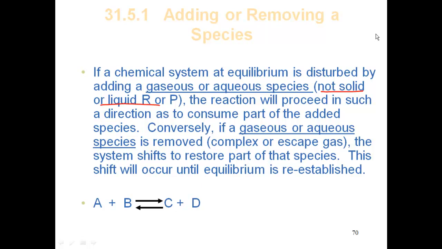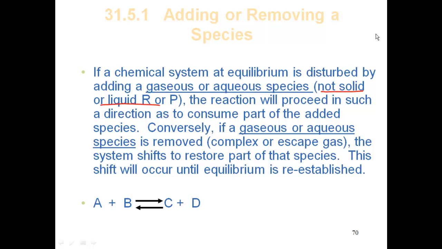So if we add a species, it's going to shift in the direction to consume that added species. Conversely, if a gaseous or aqueous species is removed, meaning taken away by complexing it or it escapes as a gas, the system will shift to restore that species. Meaning if something is removed, we're going to have to shift to produce more of it. This shift will occur until equilibrium is reestablished again.